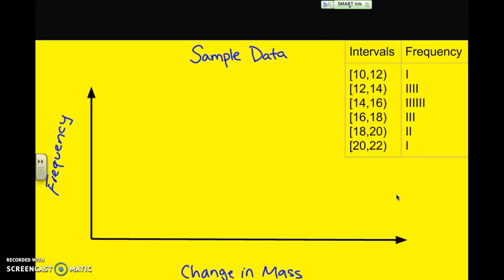All right. So now we need to make those bins, and those bins look a lot like the bars. Let's start with the frequency axis. That's simply the count. We can tell that our highest one goes up to 1, 2, 3, 4, 5, 6. So we need to make 6.